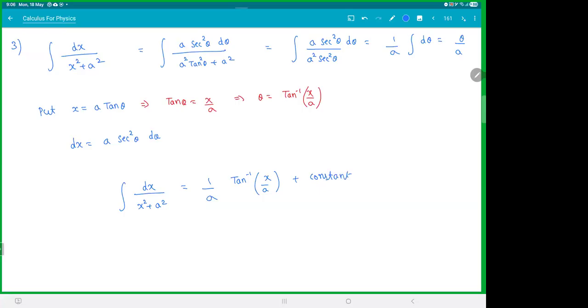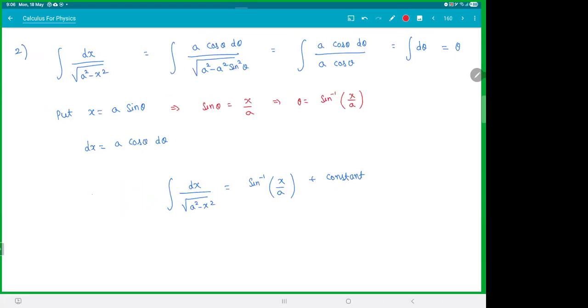More than remembering, have an idea of when to use what. Meaning, I can give you a little clue here. Look at here. Why did I use sine here and not tan? Think about it. A square minus x square under the root should always be a positive number, isn't it? So the value of x square can't be more than a square.